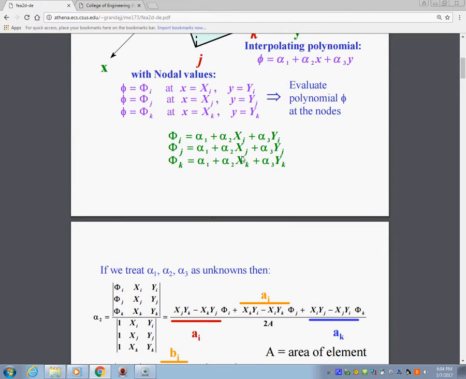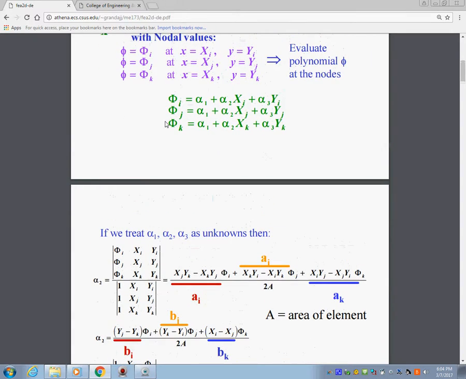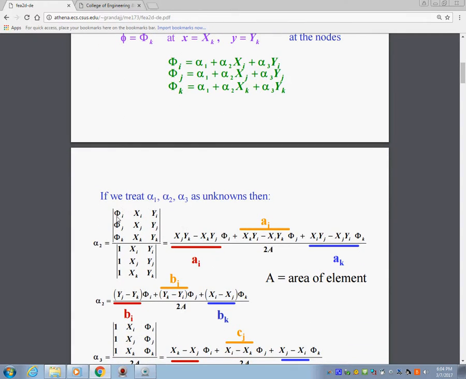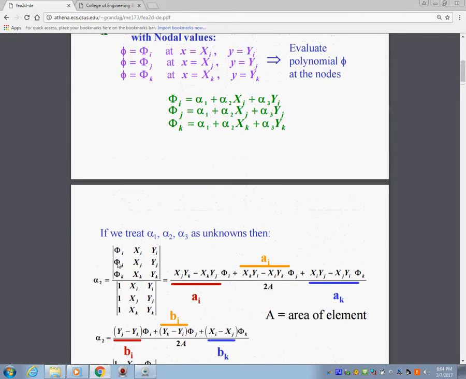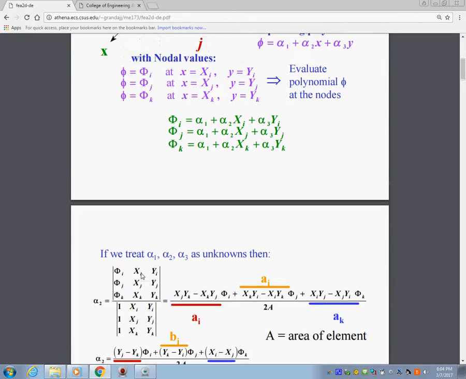If we have a set of linear equations here, and the unknowns are the coefficients alpha 1, alpha 2, and alpha 3, it follows that using Cramer's rule, we should be able to solve this. Okay? So if we do it here for alpha 2, for example, how do we do this?